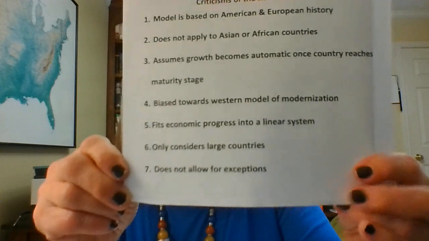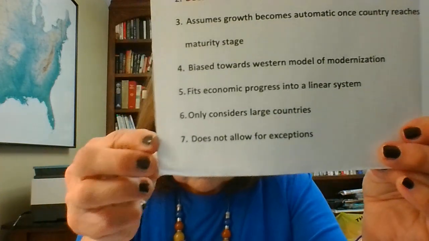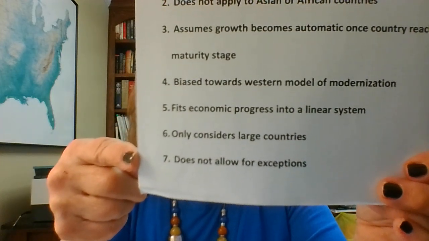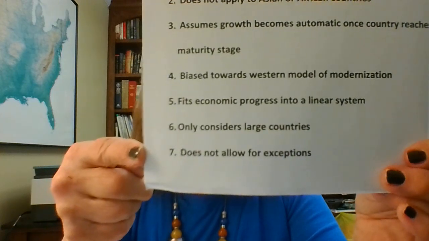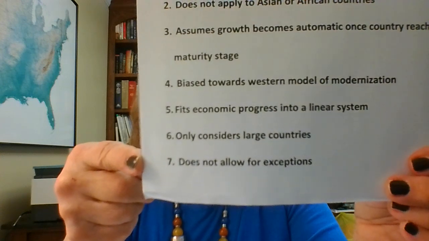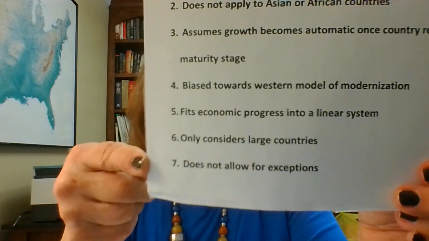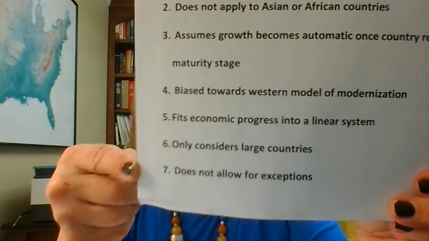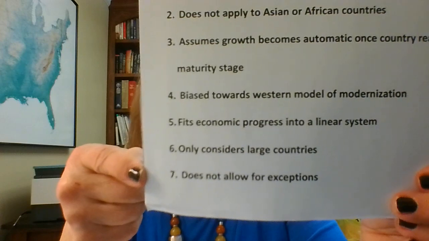The sixth, do we have six? Yes, the sixth criticism of Rostow's model is it only considered large countries that either had a large population like Japan or had natural resources available at just the right time in history, such as coal in the northern European countries, or maybe they had a large land mass like Argentina has.